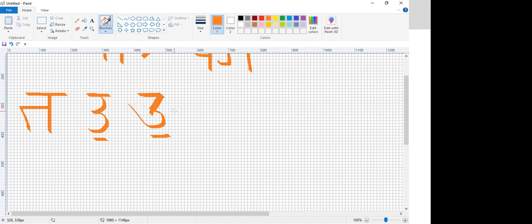But here in Ta, you can just make it like a 3, and if you want, you can add a small Shirorekha. Perfect. There is no problem. Even if you don't add a Shirorekha, that is fine. With a normal pen, anybody can write a 3, so there is nothing more to explain there. Even if you put it without that, this is Ta.